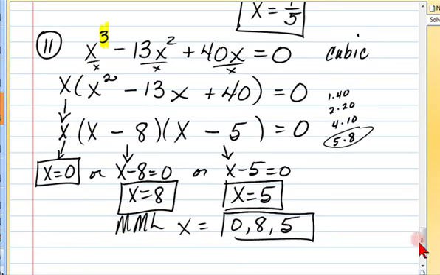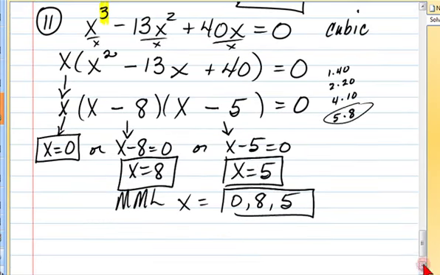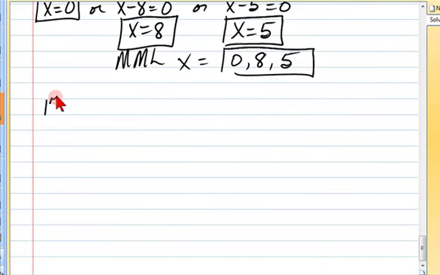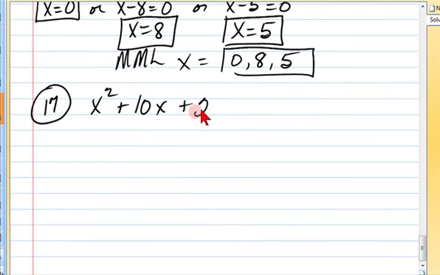And let's go ahead and go to 17. Suppose I have x squared plus 10x plus 25 equals 0. So I've skipped all the way to 17 because it's just more and more of the same. All right, is it quadratic? Is it equal to 0? All right, then I'm ready to factor.